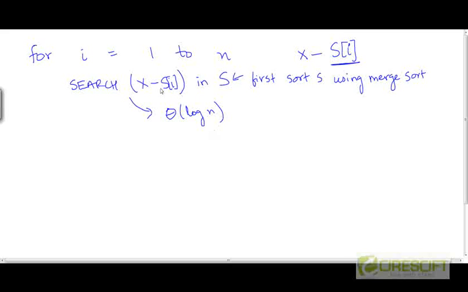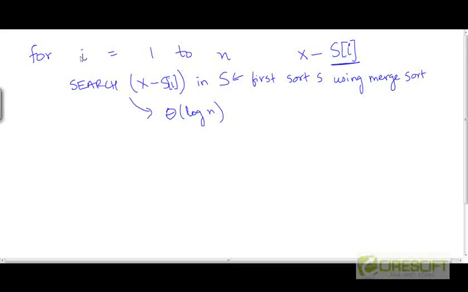So if each element of S is going to take time theta of log n to check whether the complementary element is also present in S, then the total time taken by this algorithm is going to be n multiplied by log n, which will be theta of n log n.